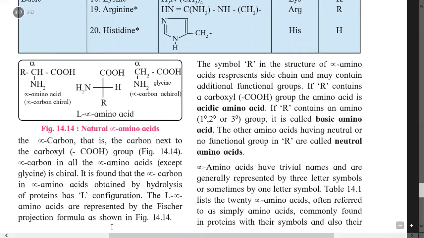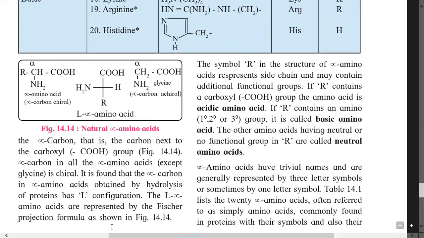The symbol R in the structure of alpha amino acids represents the side chain and may contain additional groups. If R contains the carboxyl group, the amino acid is acidic. If R contains a primary, secondary or tertiary amino group, then they are basic.